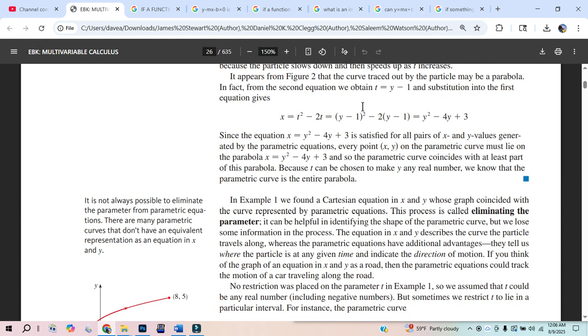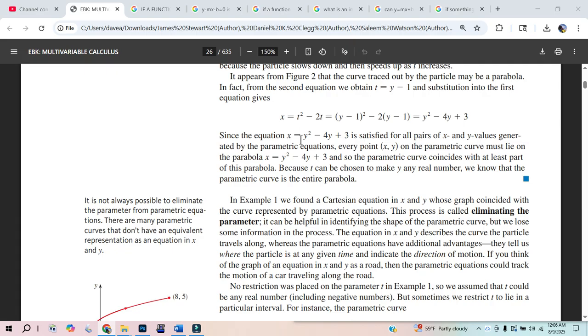Then we're going to square this. I'm going to get a y squared term, a positive 1 term, and a negative 2y. That negative 2y is going to add to another negative 2y, so it's going to be negative 4y. This 1 is going to add to that 2, and we're going to get 3. So x is a function of y.